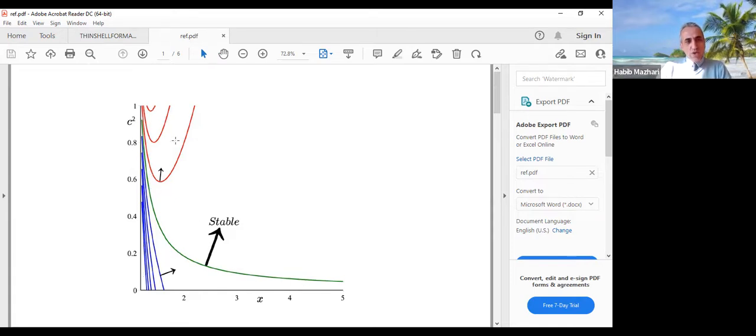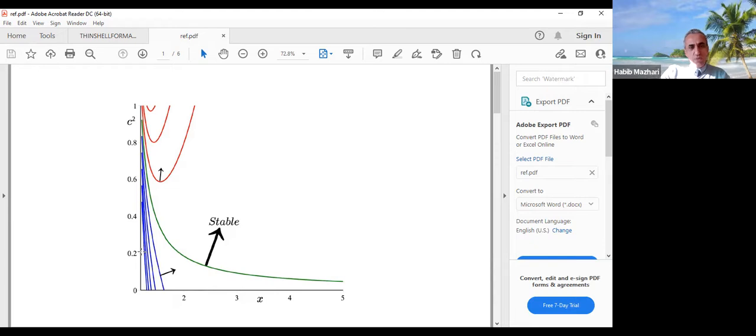The blue and the other curves are for different values of beta. As you can see here, the green one is beta 0, which means our P is not R dependent. What we see is that the upper part of the green curve is the stable region. So it tells you that if you make a shell with radius, let's say, 2 times the Schwarzschild radius, it is stable if the speed of sound is bigger than a certain value.